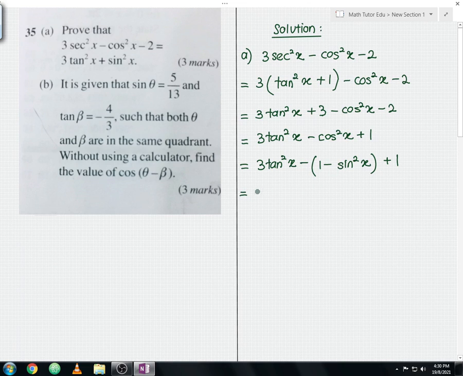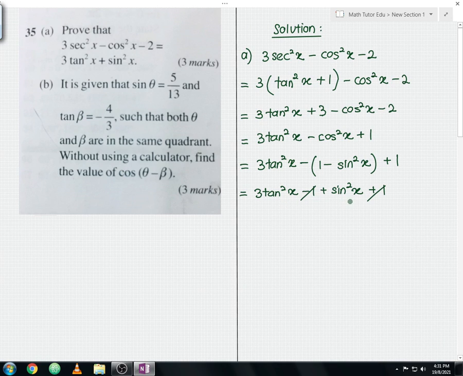So from here you get 3 tangent square x minus 1 plus sine square x plus 1. So this negative 1 and positive 1 will cancel out as it will become 0. So you only are left with 3 tangent square x plus sine square x.